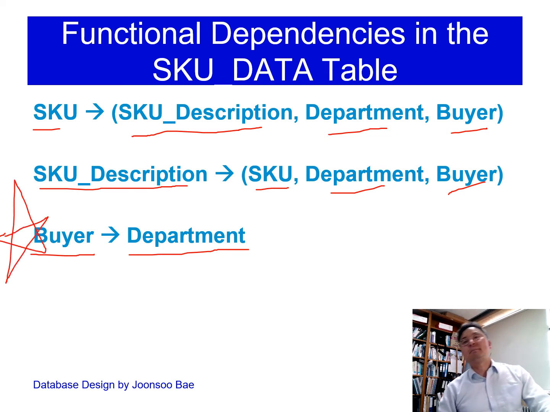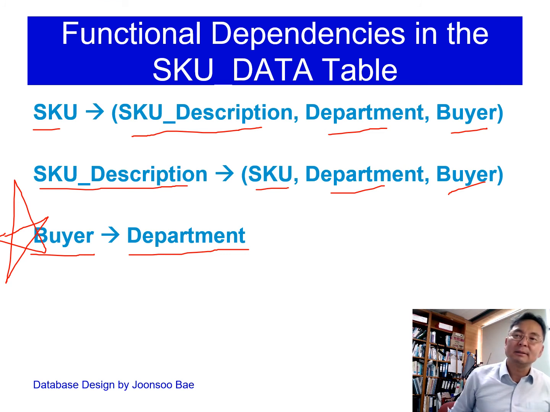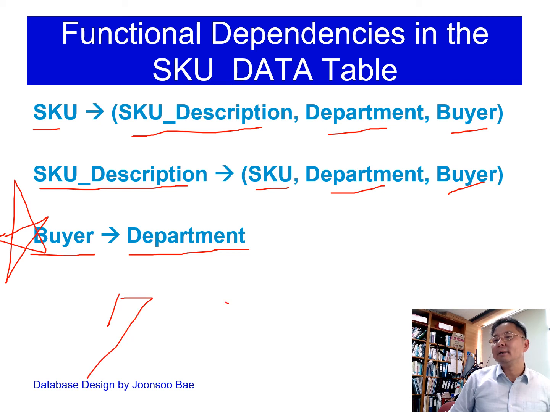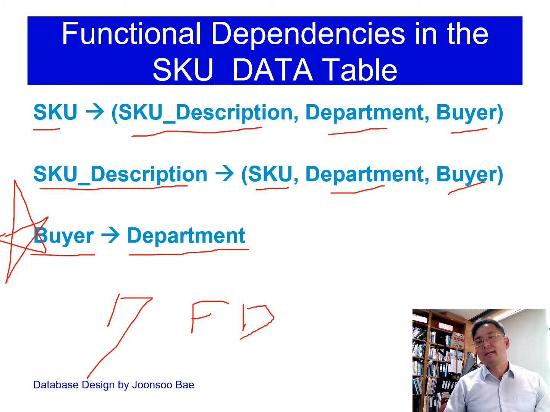So buyer determines department here. So there are 1, 2, 3, 4, 5, 6, and 7 functional dependencies in the SKU data table. That's very important here.